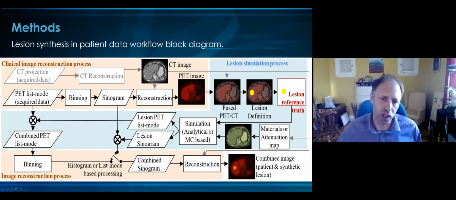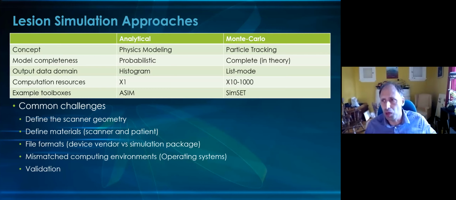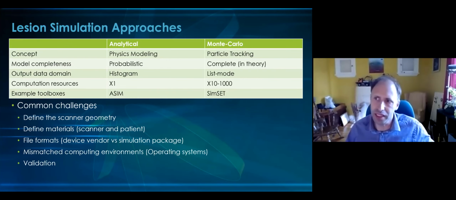They'll generate data in list mode, which gives you the most flexibility with regards to reconstructing images. But they're very computationally expensive. They're complicated to use. While we have done it with SimSET, we did run into significant limitations. So we weren't able to get time of flight data, for example. So that wasn't really clinically applicable.